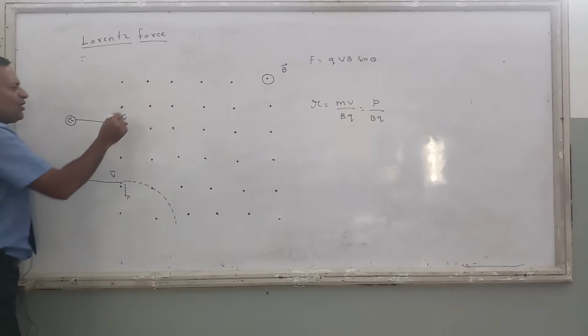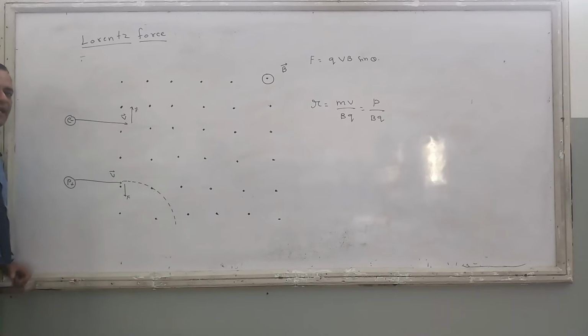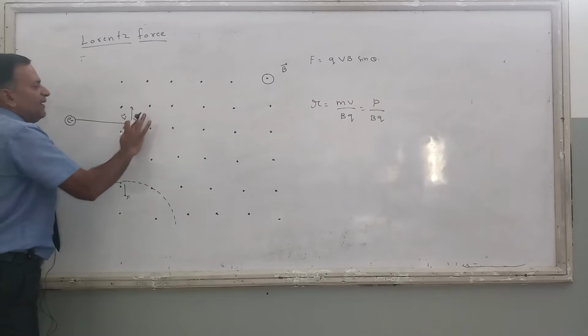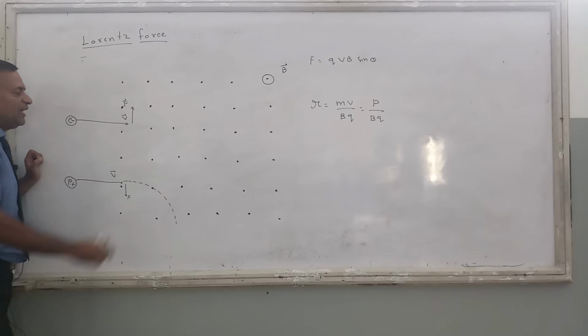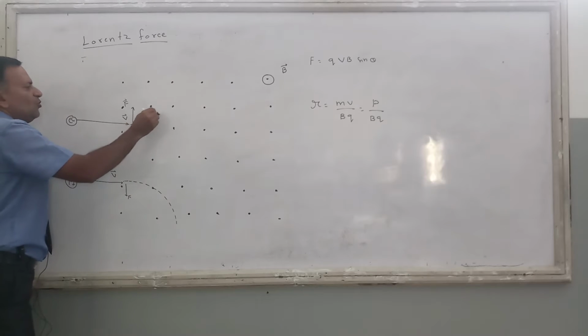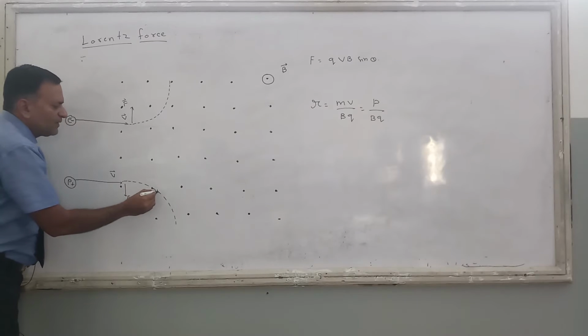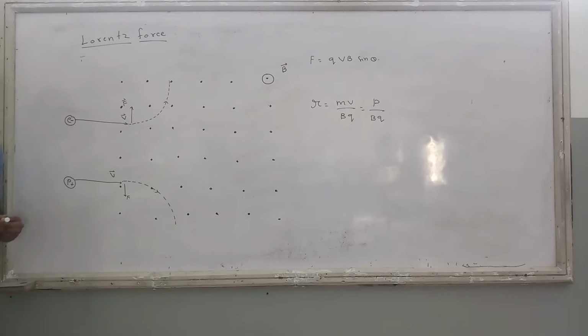So the direction of force on the electron will be upwards, and when velocity and force are perpendicular to each other, the motion is circular. So electron is going to move like this. Proton moves like this, electron moves like this. Got it? So we have found the paths of this proton and this electron.